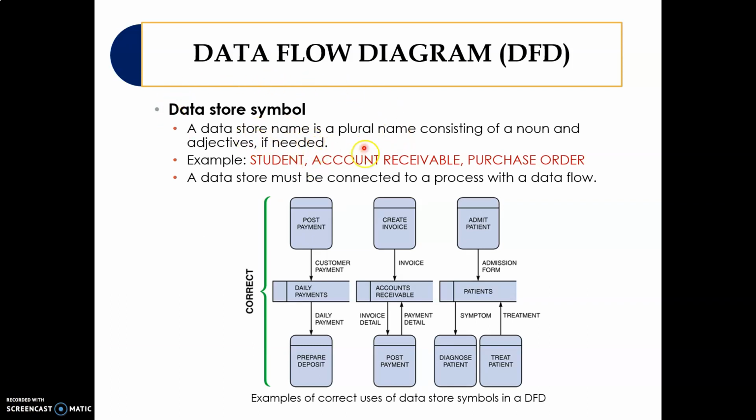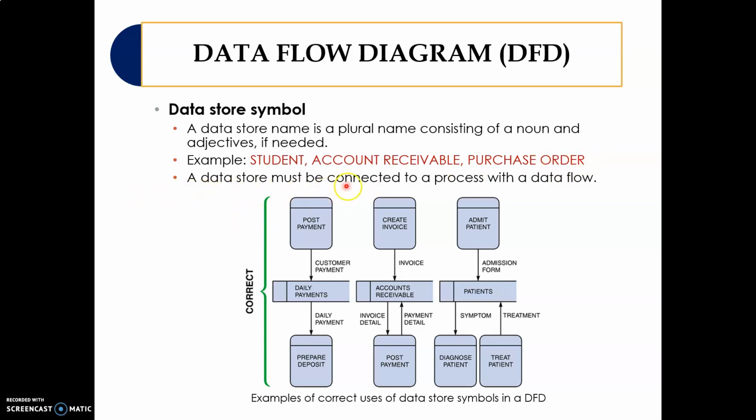A data store name is a plural name, consisting of a noun and an adjective if needed. For example, data stores could be students, accounts receivable, or purchase orders.